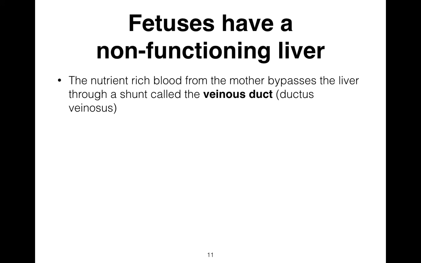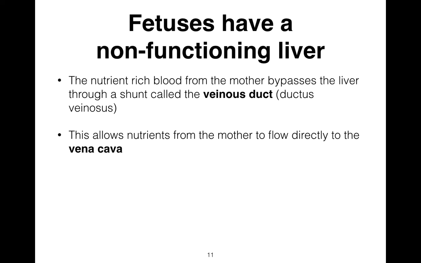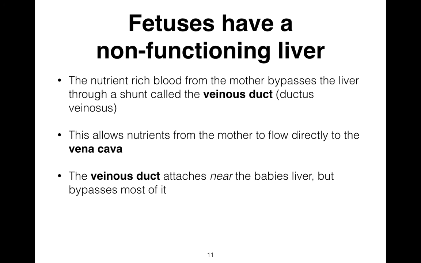So the nutrient-rich blood from the mother will bypass the liver through a shunt called the venous duct, which we've already seen. This allows nutrients from the mother to flow directly to the vena cava. And as we saw in the diagram, the venous duct attaches near the baby's liver but bypasses most of it.